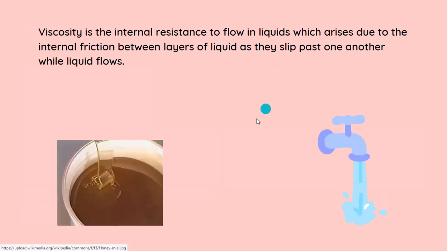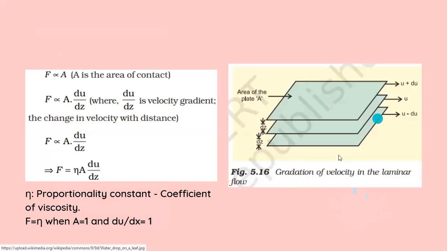Viscosity is basically the internal resistance to flow in liquids. Here, liquid molecules are considered to be in the form of layers. At the bottommost layer, let's assume it's touching the glass, and as you go one above the other, each layer will have a relatively higher speed than the one below it.